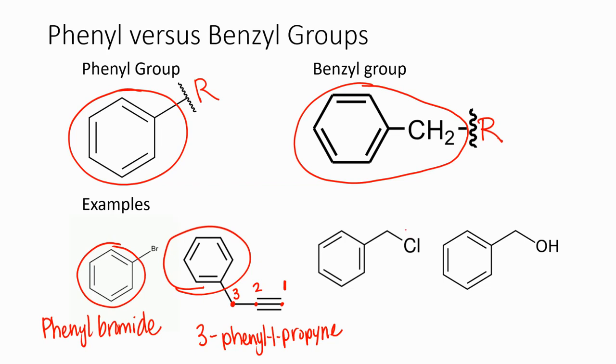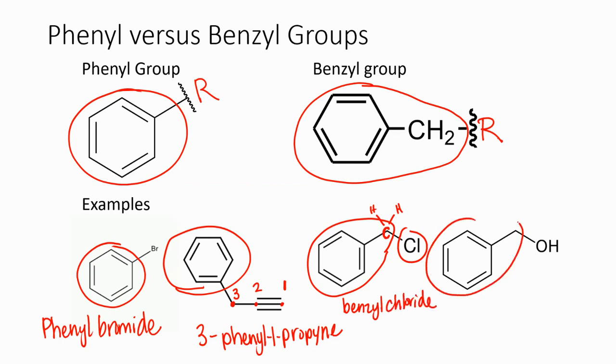Now over here, if we wanted a chloride ending, we could include this carbon as part of the group and say, okay, if we included that carbon and the benzene ring, that's a benzyl group. And so we can call this benzyl chloride.